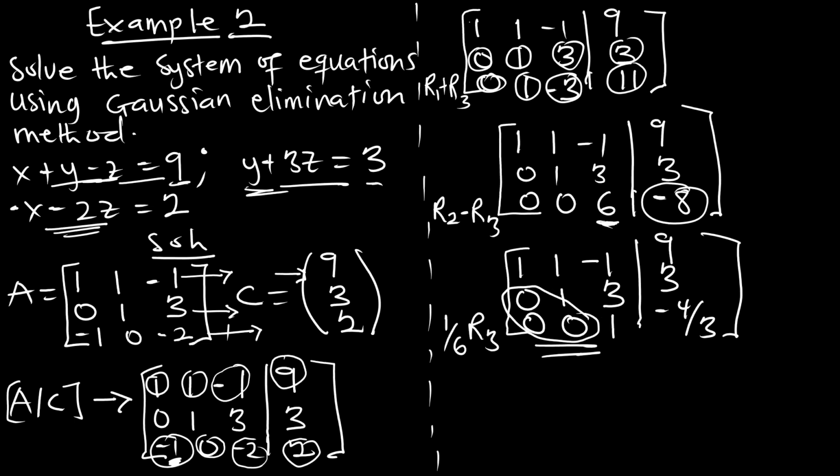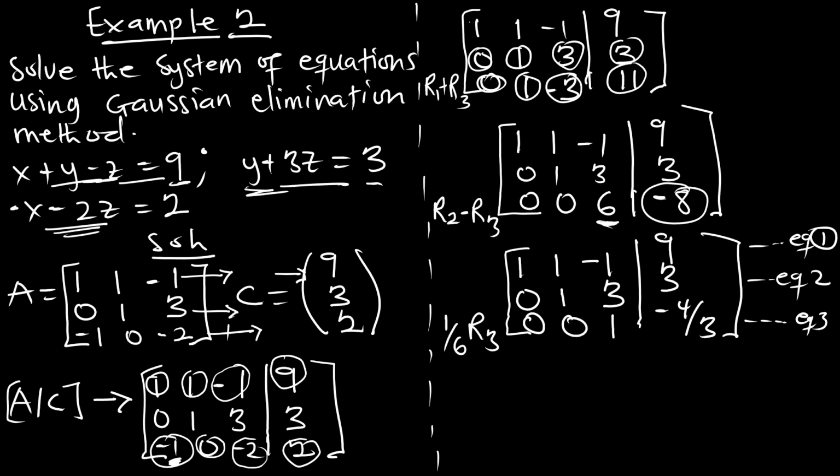Let's try to now find the x, y, and z from this. I can call the third row my equation 3, the second row my equation 2, and the first row my equation 1.